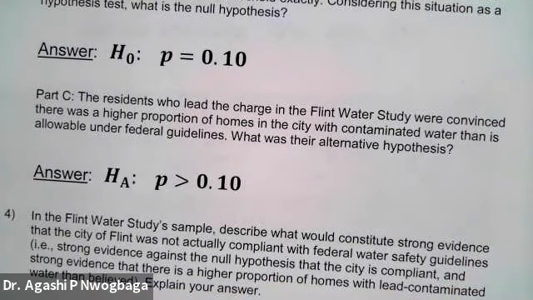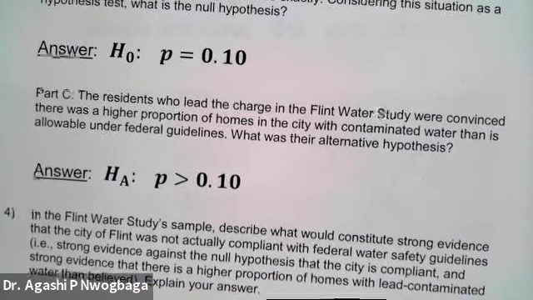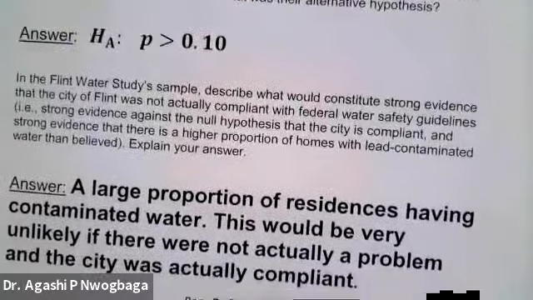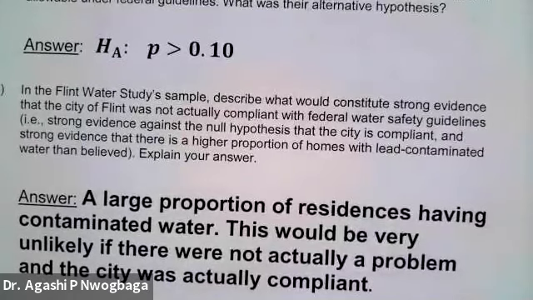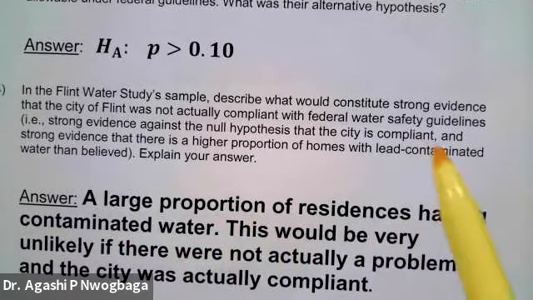You can pause the video here for a moment and think about it. The answer here would be a large proportion of residences having contaminated water. That would be the evidence. This would be very unlikely if there were not actually a problem and the city was actually compliant. So if we get a large proportion of residences having contaminated water, that would be strong evidence.